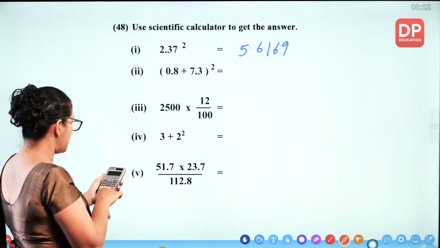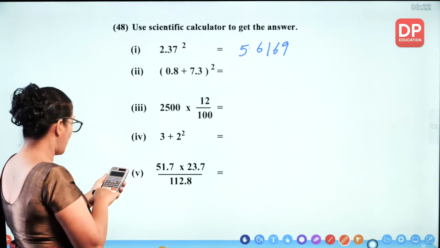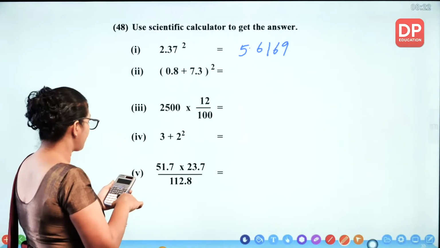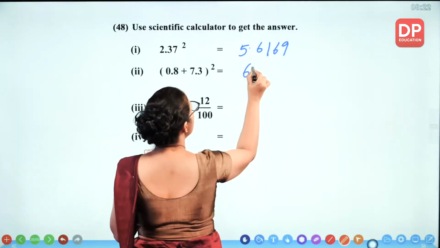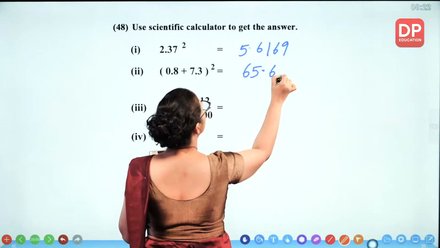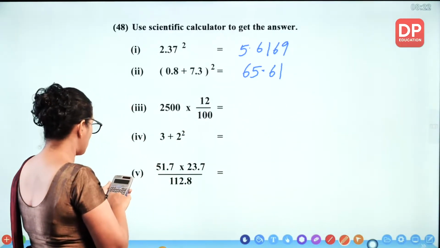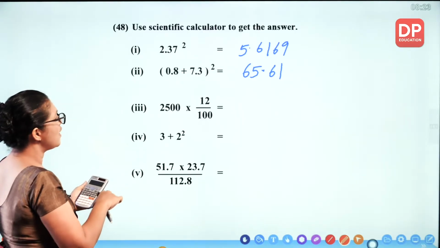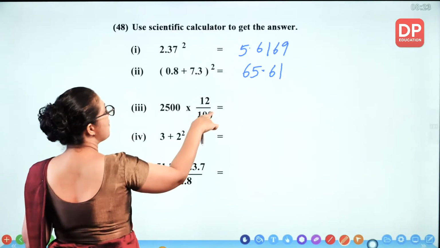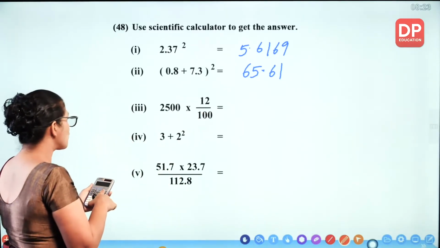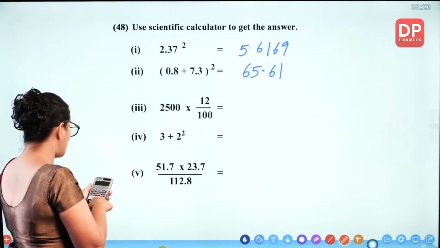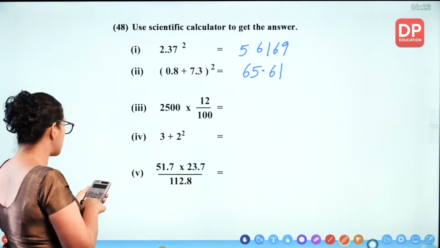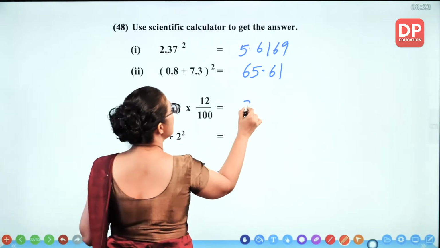Brackets 0.8 plus 7.3, close brackets and square it. 65.61. This one, 2500 multiplied by 12, or here 12% is okay. 12 divided by 100 is 12%. So 2500 into 12 and percentage sign with shift, you get the answer 300.